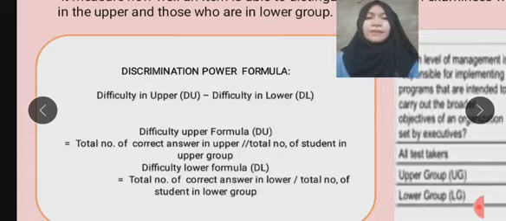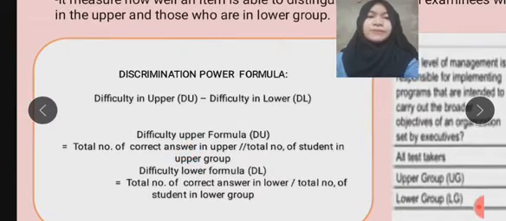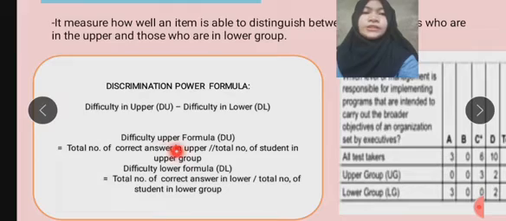So, para makuha natin yung difficulty upper formula is, ito siya class, i-divide yung total number of correct answer in upper and the total number of students in upper. Lower ni siya class. So, correction lang class, lower ni siya ha.